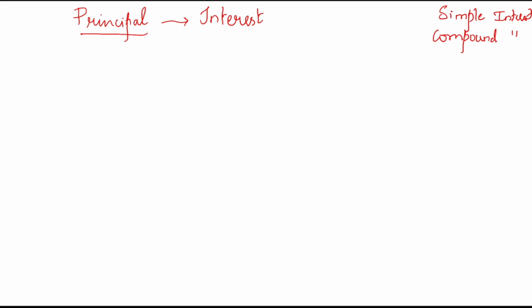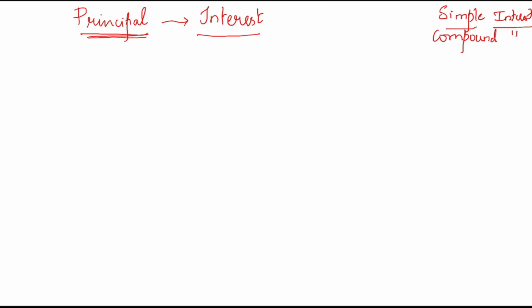It is the interest on the principal amount plus interest on the interest. Okay, interest on the interest. So it goes on increasing every year. Okay, but simple interest is not like that. It is only the interest incurred or calculated only on the principal amount.